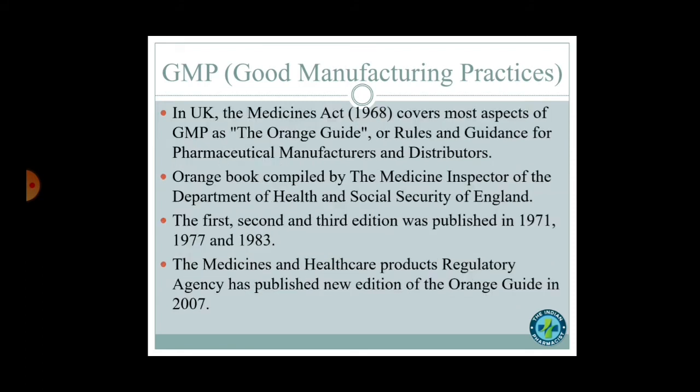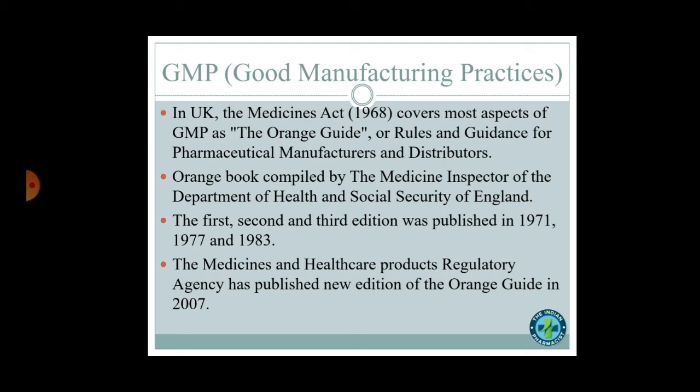In the United Kingdom, the Medicines Act 1968 covers most aspects of GMP and is generally called the Orange Guide, or Rules and Guidance for Pharmaceutical Manufacturers and Distributors. The Orange Book is compiled by the Medicines Inspector of the Department of Health and Social Security of England. The first, second, and third editions were published in 1971, 1977, and 1983.